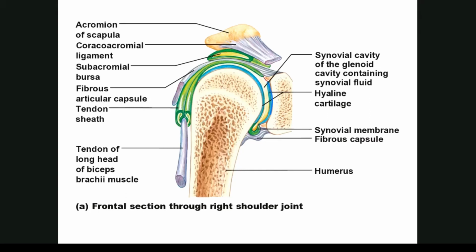So this is our articulation. You can see we have the acromion and the coracoacromial ligament here, subacromial bursa, sheath. So there's a lot going on here in our shoulder.